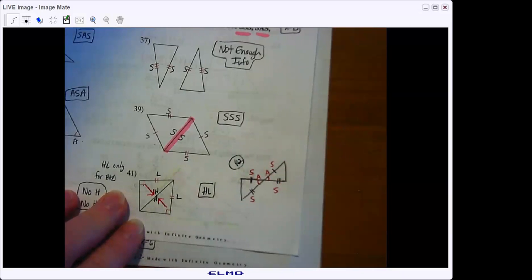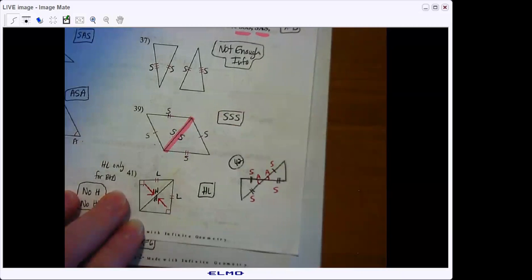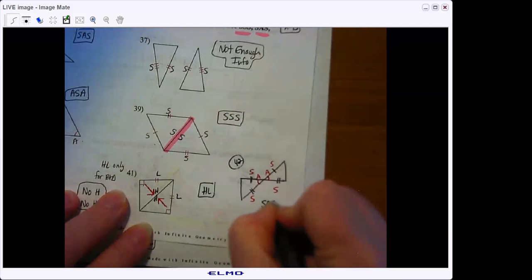So it wouldn't be side, side, side. And we do actually have enough information. And it happens to be side, angle, side. We're going to read it in the order that the letters are presented. So side, angle, side, not SSA, or ASS, but the A is in between the two S's. That's important. The A is in between the two S's. This would be SAS.